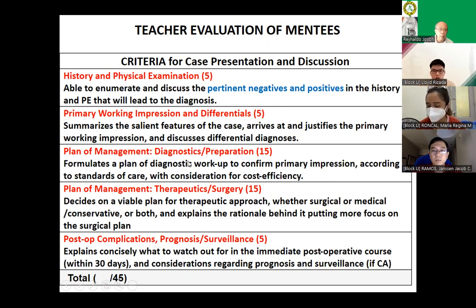And then plan of management will be the diagnostics that are needed, or the so-called paraclinical, and then the preparations. So formulate the plan of diagnostic workups to confirm the primary impression if there's a need for one. If you're not quite certain, then you go for a diagnostic workup. If you're quite certain, you don't have to. Then according to standards of care with consideration for cost efficiency.